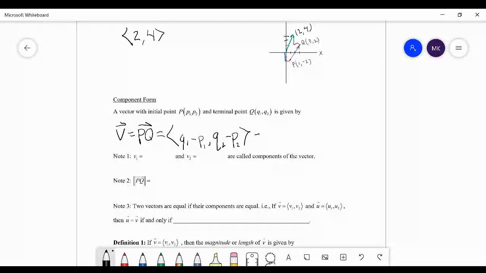Okay. And since this is now the vector V, we would say this is the component ⟨V1, V2⟩. So you can see really quickly, V1 is equal to Q1 minus P1, and V2 is equal to Q2 minus P2. Okay, these are called the components of the vector.